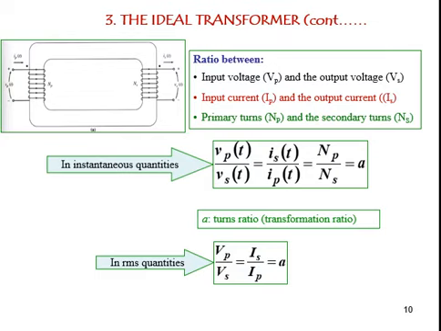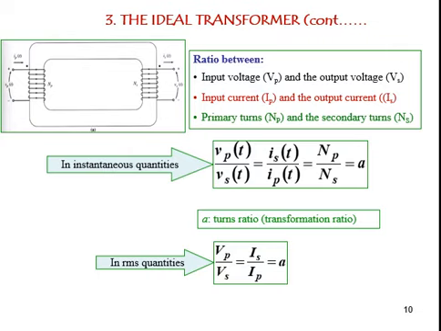If we are interested in finding out the quantities at a particular instant, like t is equal to 5 seconds, then if we put t is equal to 5 seconds in the equation, we can find the value of A, the transformation ratio.